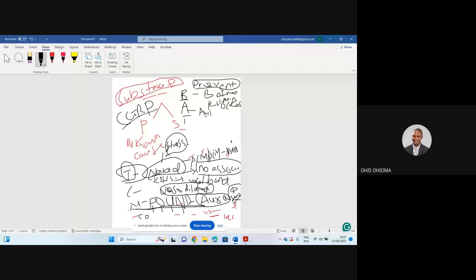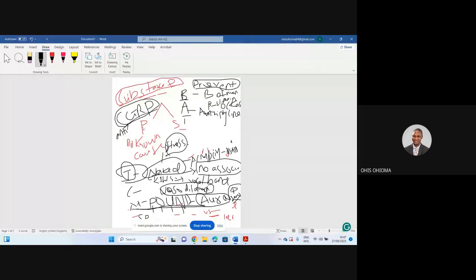Amitriptyline. Now, I told you about this particular chemical, CGRP. It's also another target for pharmacotherapy. And there are antibodies that we use against this chemical, or this mediator.